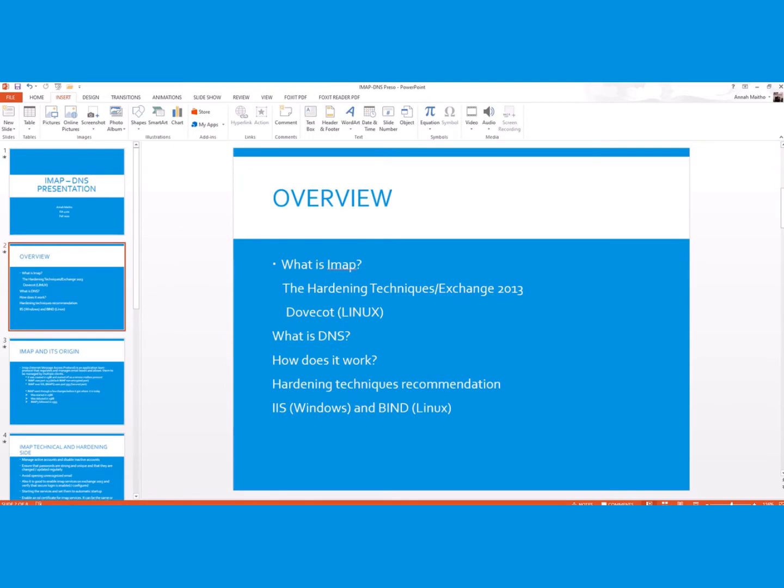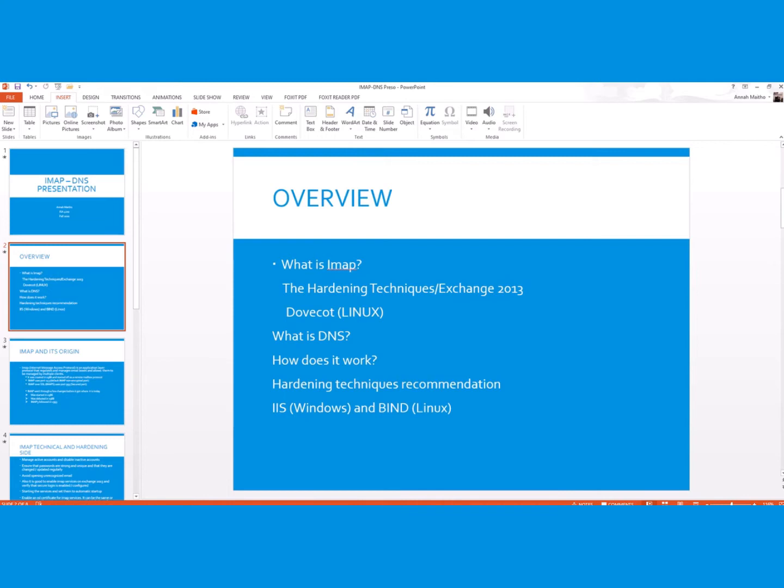We'll first begin with the overview of IMAP. Then we'll answer the question of what is IMAP, and then look at the hardening side of the technique. Then we'll also look at dev code, which is used in Linux.